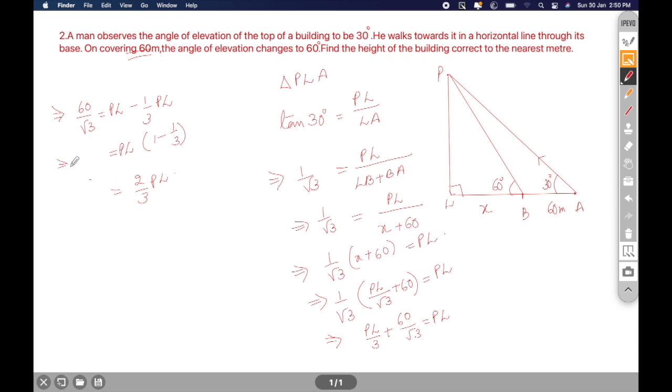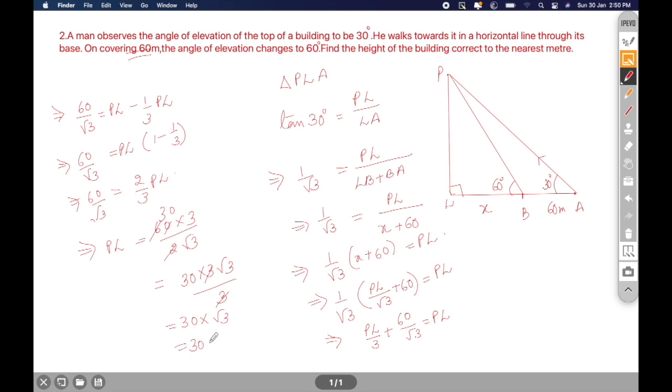So PL equals to now 60 into 3 by 2 root 3. If we rationalize the denominator, we have 30 into 3 root 3 by 3. That gives 30 into root over of 3.